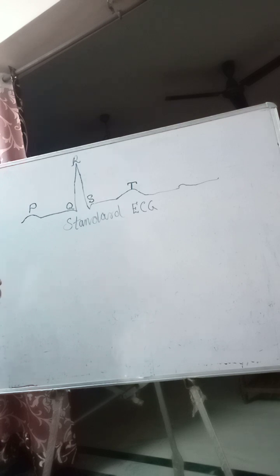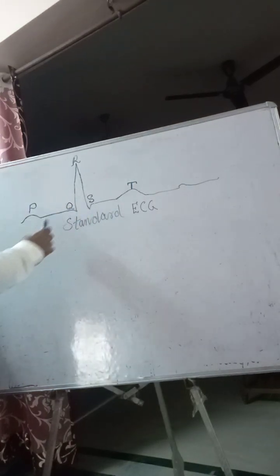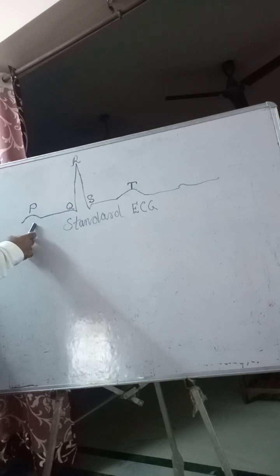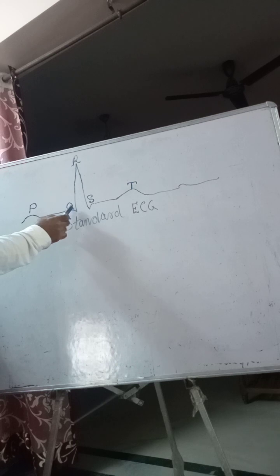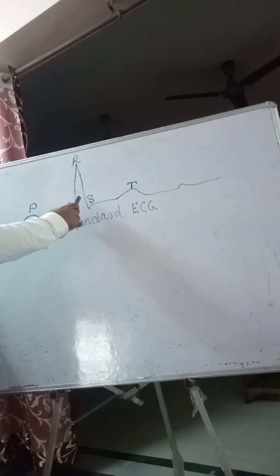Now, in the graphics, these are the symbols depicting the peaks. This is a peak P. This is also a complex, QRS, showing a peak, and also a peak T here.